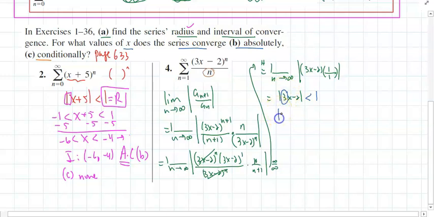Now, the author insists on this being a 1. So if I factor a 3 out of this, and have x minus 2/3 being less than 1/3, that's automatically my radius of convergence. And my interval of convergence is pretty much solving this inequality.